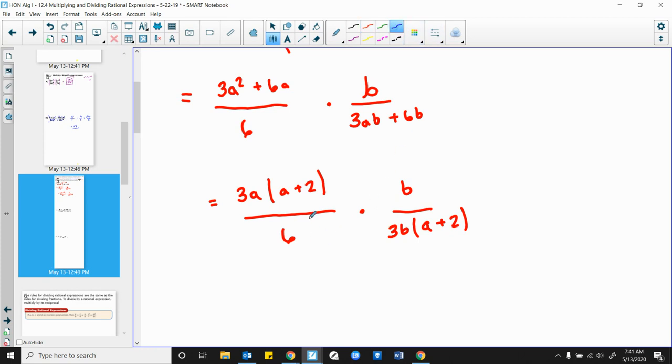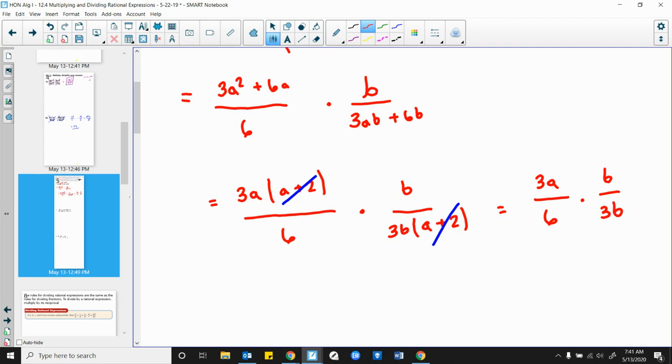Now, since I have the same term here, this a plus 2 and this a plus 2 cancel out. And all I'm left with now is 3a over 6 times b over 3b.